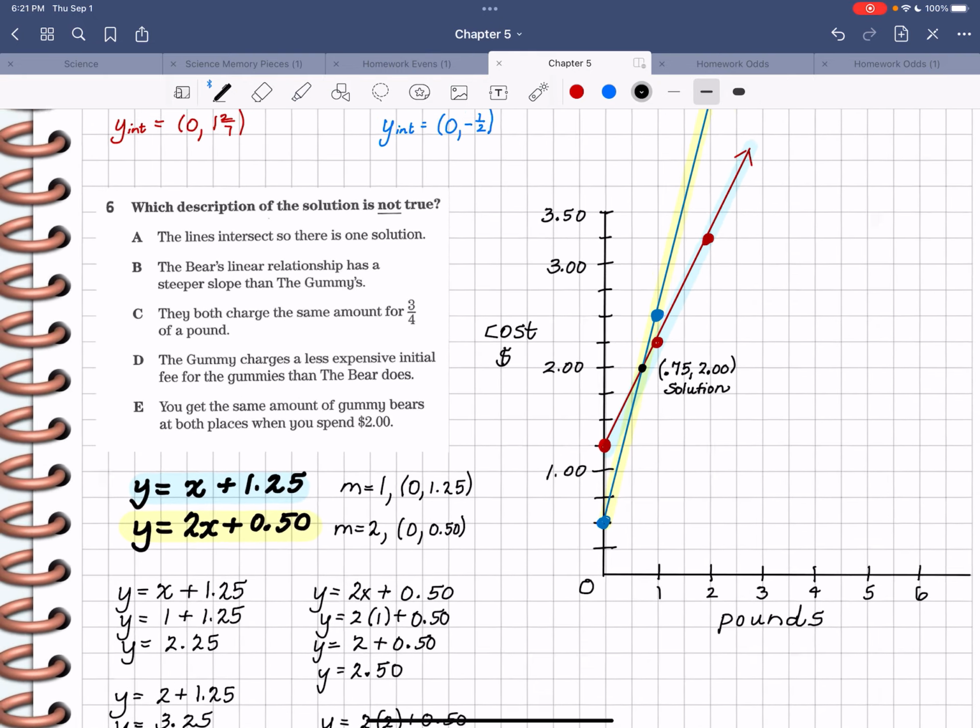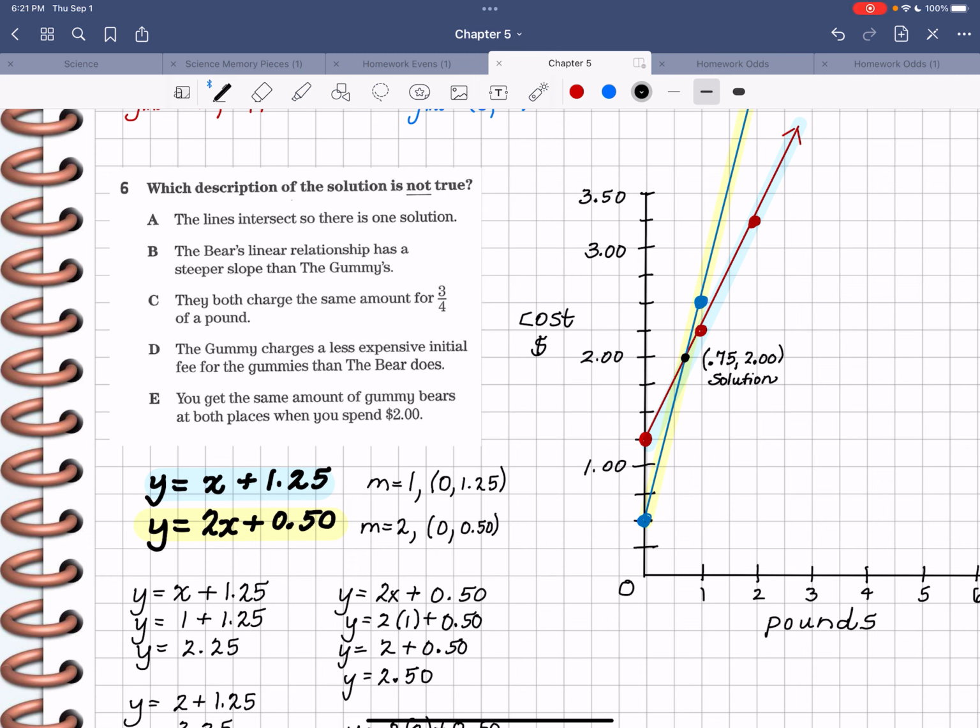All right, now let's look at our choices. Which description of the solution is not true? The lines intersect, so there is one solution. That is true. We can see it right there in the black point. The bear's linear relationship has a steeper slope than the gummies.